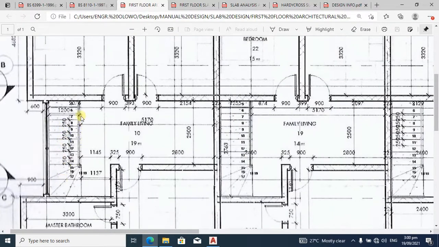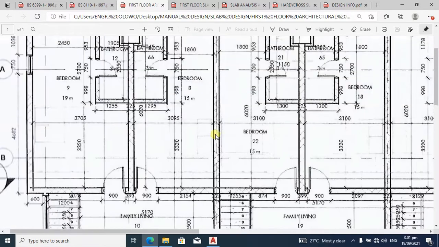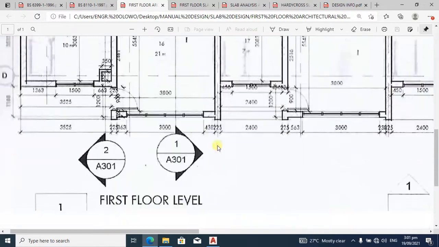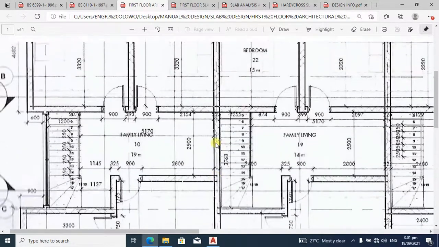So panel 4 is starting from here up to this grid line 3. Can you see? So therefore panel 4 is from this point to this point, and also from this point to this point. This simply means this wall and this wall are directly on panel 4.